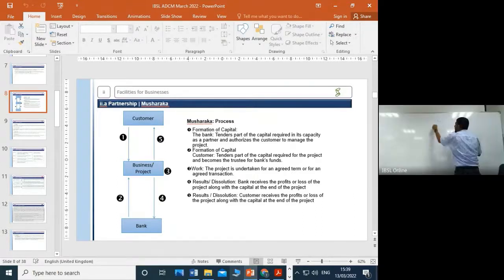This is the Islamic Bank. This is the project. This is the customer.